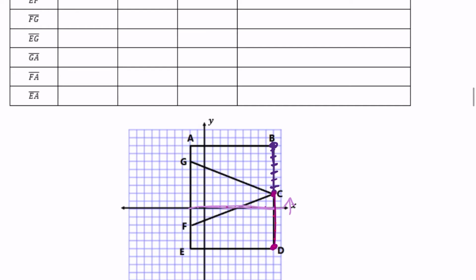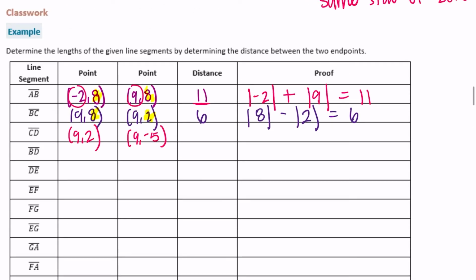Now they are located, here's 0, on opposite sides of 0. So that means we are going to be adding. So the x values are the same, the y's are different. So let's do the absolute value of 2 plus the absolute value of negative 5 would be equal to 2 plus 5, so the distance is 7.